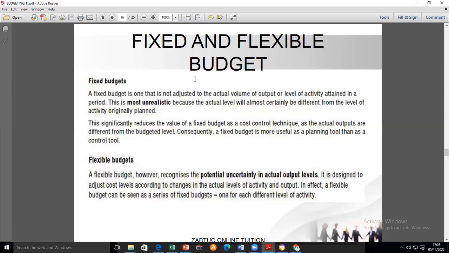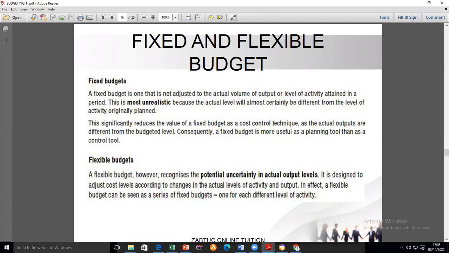Fixed and flexible budget. The syllabus, if you noticed, specifically mentioned that we must talk about the fixed and flexible budget. Now I know that you may have come across this in your earlier studies, but when you look at responsibility accounting and controllability, that becomes a big issue.